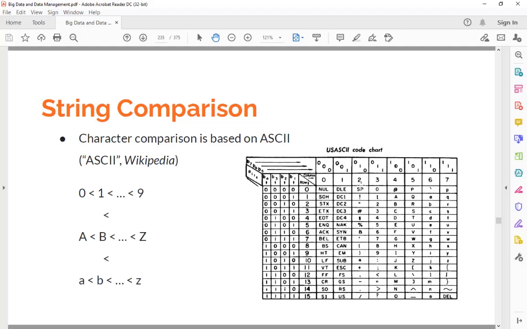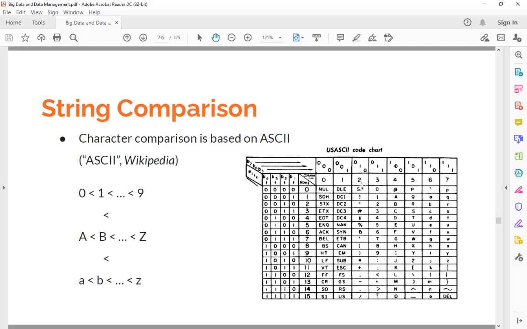Because the first characters are the same, both are A, but AA has a second character, while A has nothing. There's no second character. It's a NUL. So AA is larger than A, which is larger than NUL, which means the string AA is larger than the string A. So the short one always wins if the first few characters are the same.